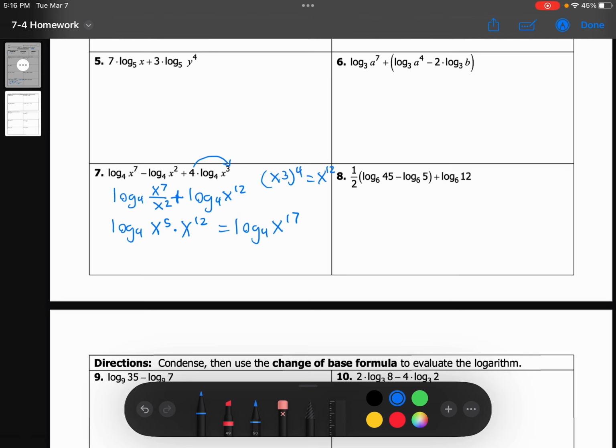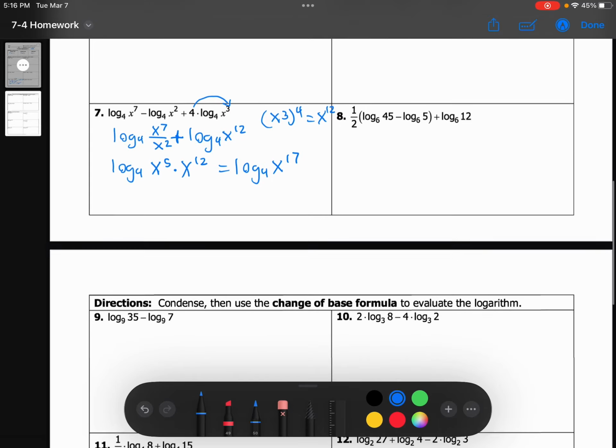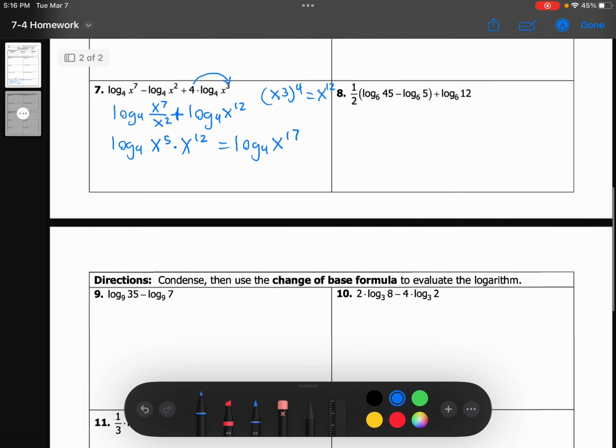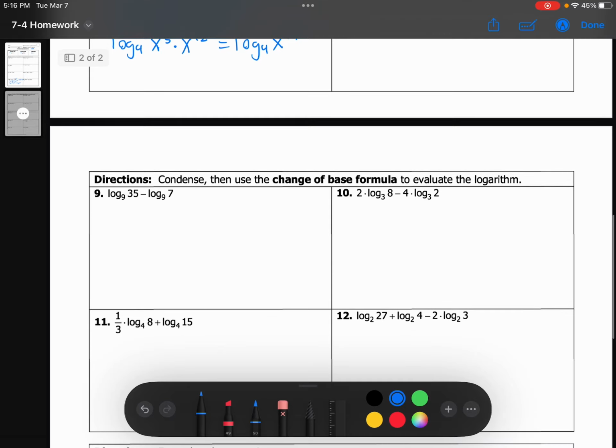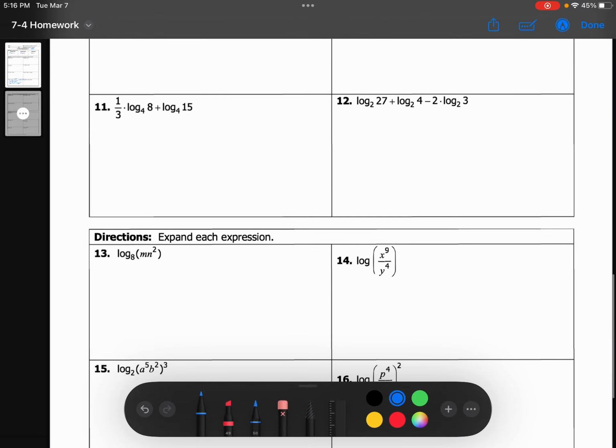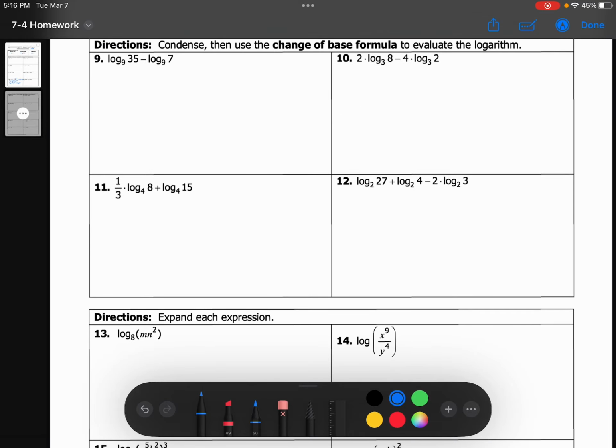Okay. There's one now. On the other direction, it says to use the change of base formula, but let's not do that. Let's just give the answer. For example, on this one right here, you're going to bring the 1/3 up. So this is log base 4 of 8 to the 1/3 times 15. Now, why did I say times? Because I have a plus here.